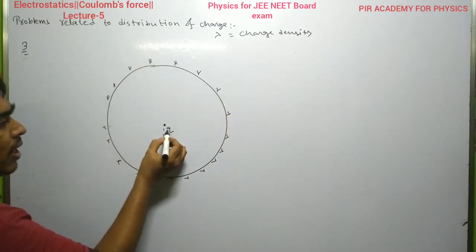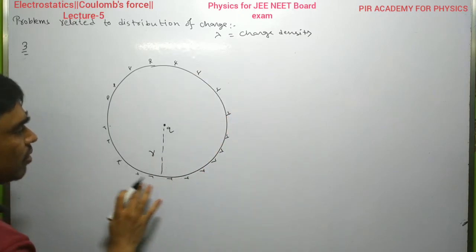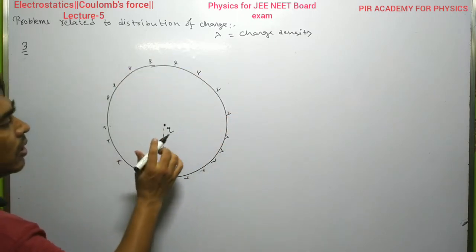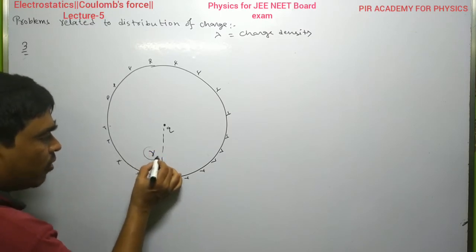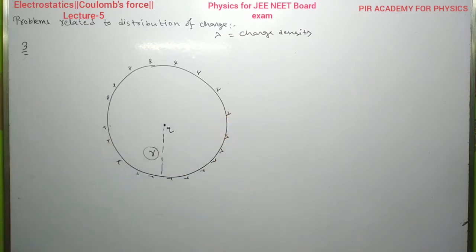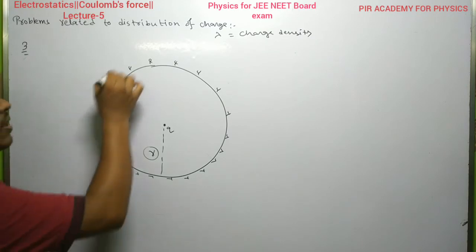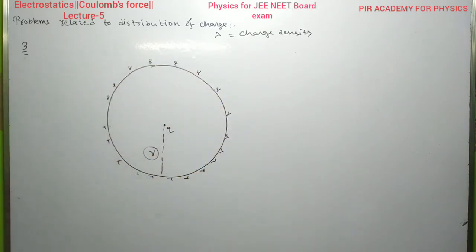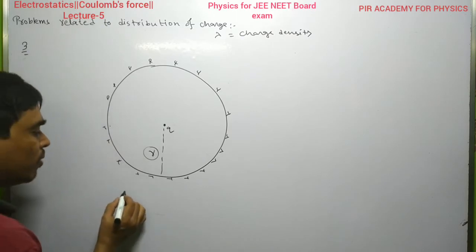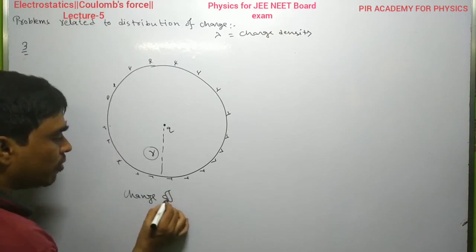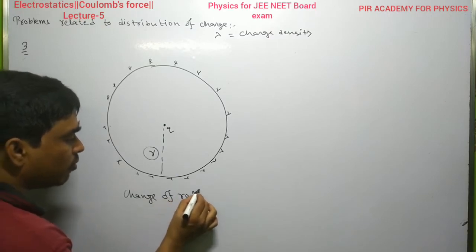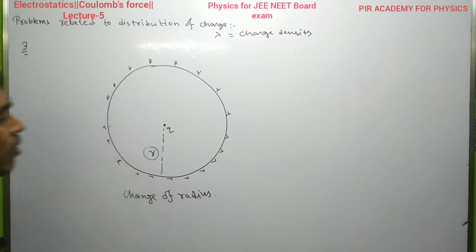So this charge repels this wire, so it will expand. So the radius of this circular wire will increase. You have to find out the change of this radius.